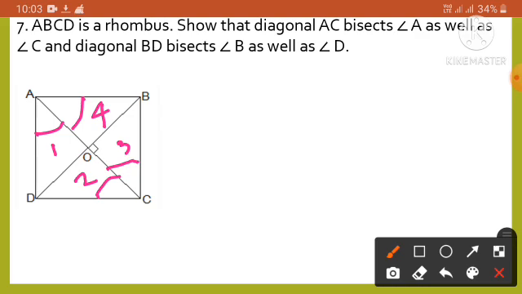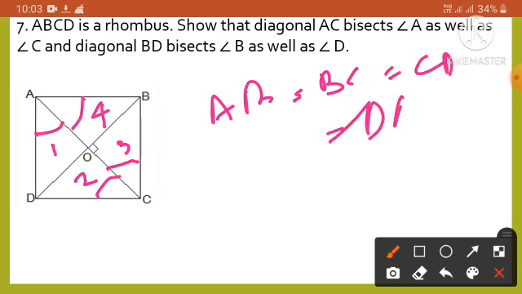Now, since ABCD is a rhombus, all the sides are equal. That means AB equals BC equals CD equals DA. Also, AB is parallel to CD and AD is parallel to BC.